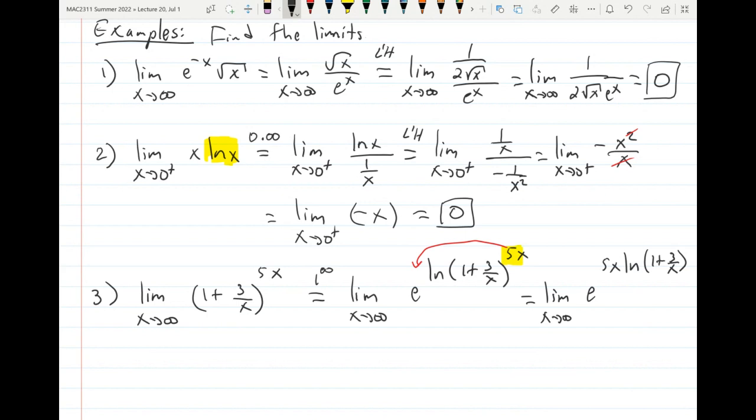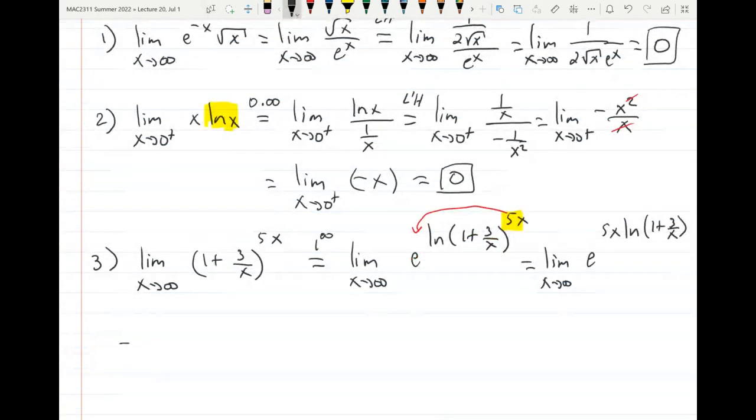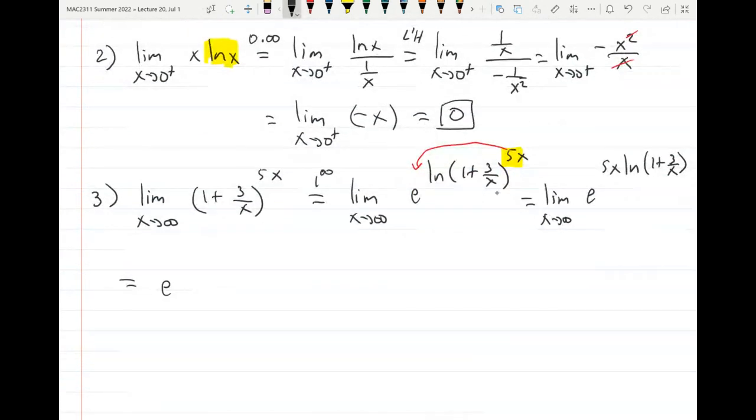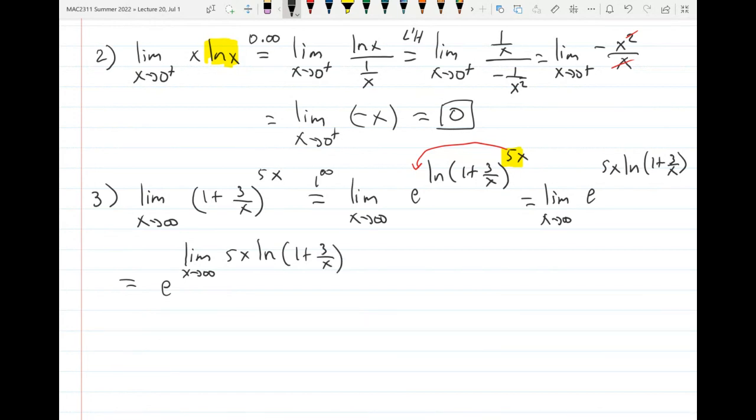Now, because the exponential is a continuous function, we can pass the limit through. So this is going to be e to the limit of the exponent. So my result is going to be whatever this limit is, but then the answer is e raised to the power. So here's what I'm going to do.